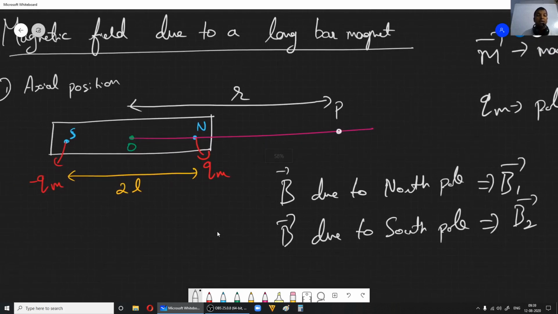Now if you come back here, the magnetic field due to the north pole at point P will be this way. This is B1. Since the north pole is closer to point P, obviously the magnetic field B1 will be more. Now B2 will be this way, so the net magnetic field at point P will be B1 minus B2.